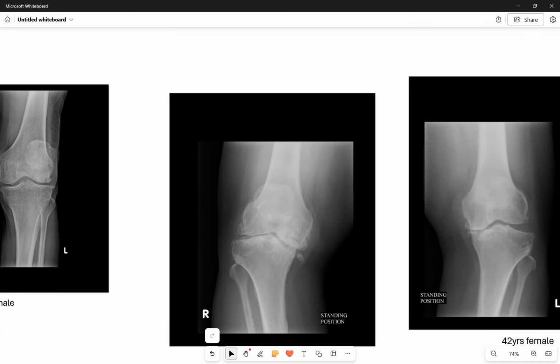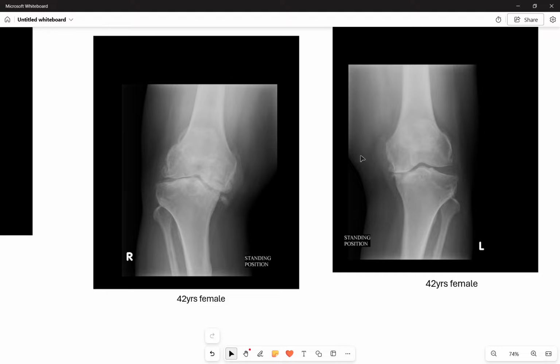Now we come to this picture. This is a 42-year female patient. That's the right knee and that's the left knee. And look at the significant changes of osteoarthritis. The joint space has become narrow, the cartilage is eroded, and the bone surfaces are almost touching each other.